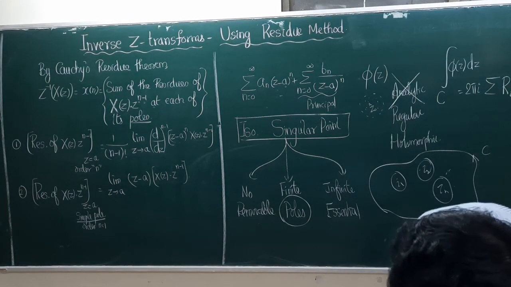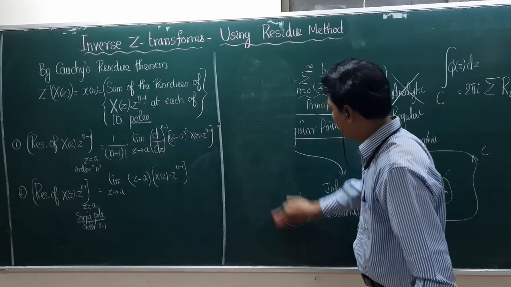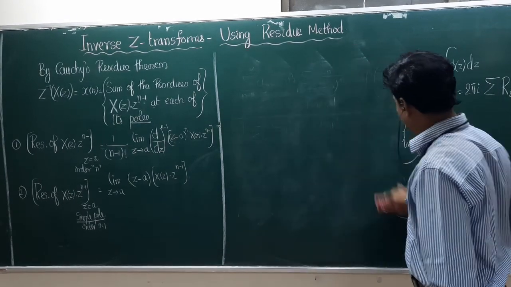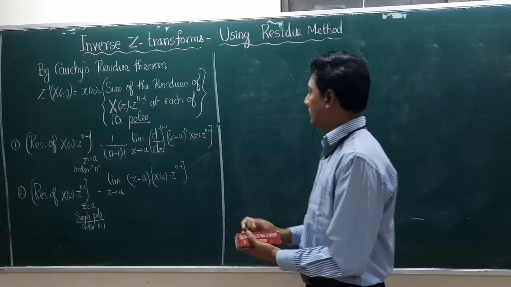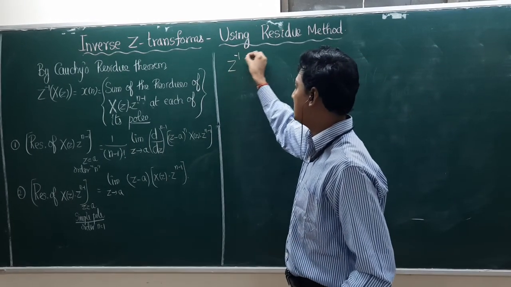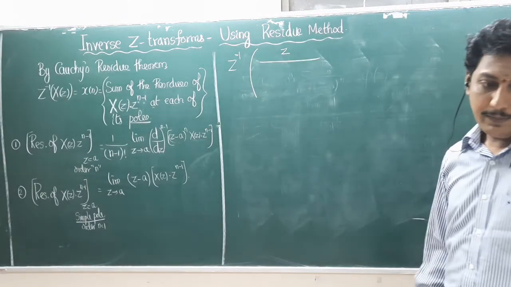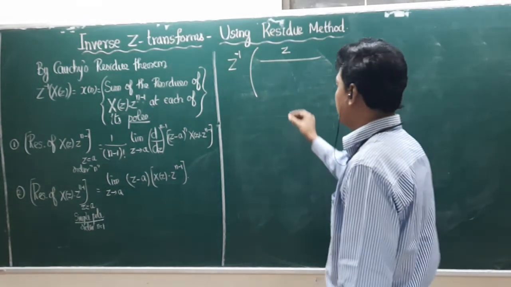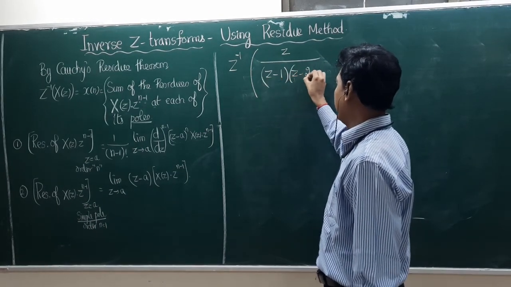Find the inverse Z transform of z by (z minus 1) into (z minus 2).